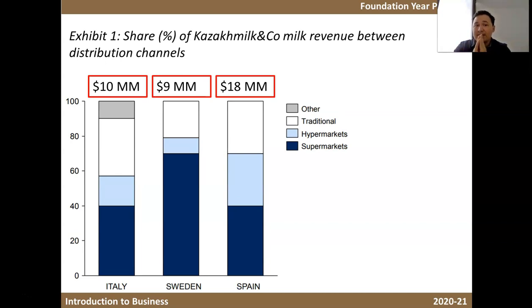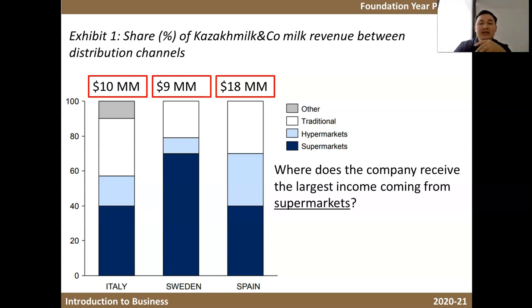Okay, now let's say that the absolute values, the revenues, are also given. Here it is, and Sweden is not the largest. So the answer to the previous question may not be yes. We have to calculate that. If we try to figure out the largest income coming specifically from supermarkets, in which country, then we need to calculate.